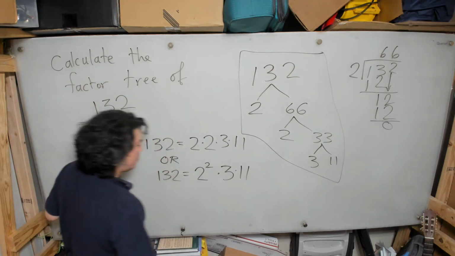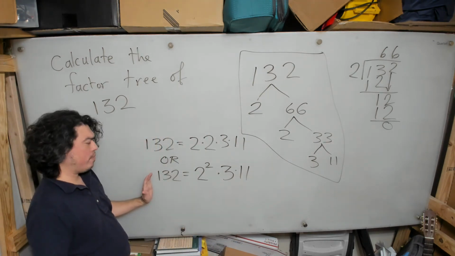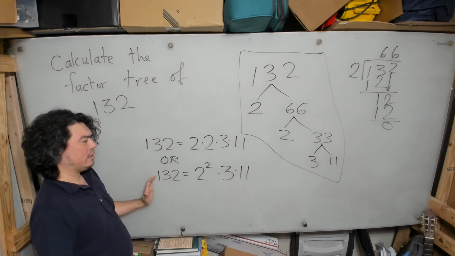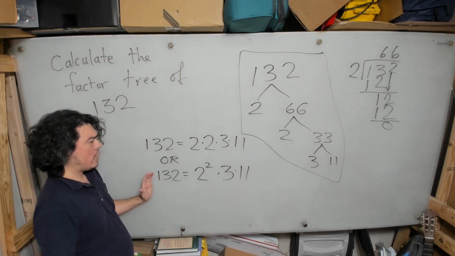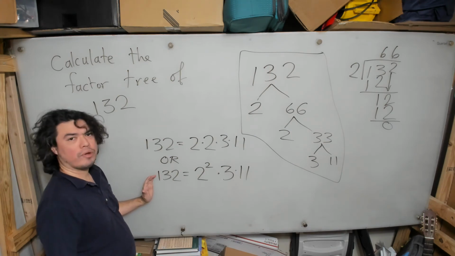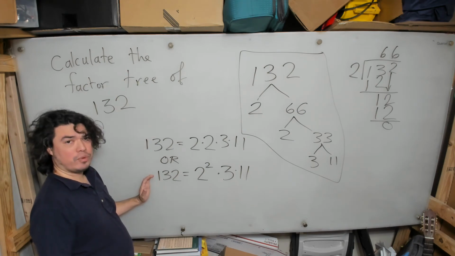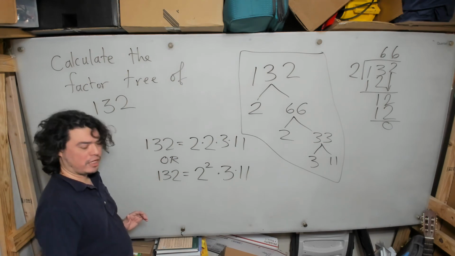So these both convey the same information, and you can use whichever one you feel more comfortable with. And this is the information that we're really going for when we're using the factor tree. Because you will see in our future examples that this information will help us do calculations more effectively.